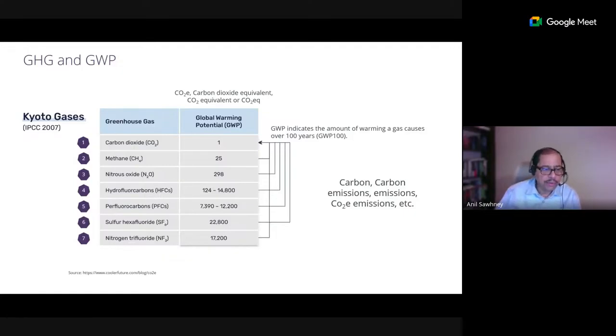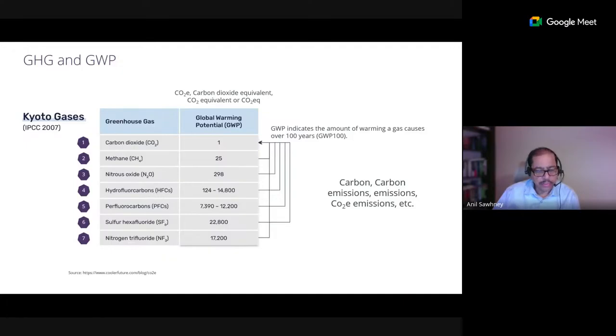So basically, what we want to do is always calculate GWP in terms of carbon dioxide equivalent. Global warming potential indicates the amount of warming a gas causes over 100 years. So typically it's GWP 100. All of this, again, may seem confusing. You can get more information in the slides where I have additional sources.